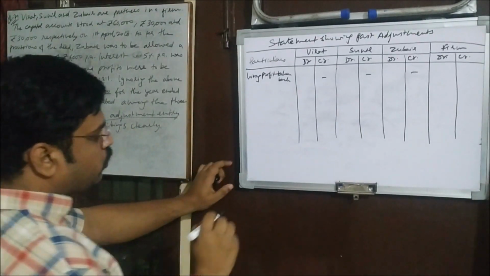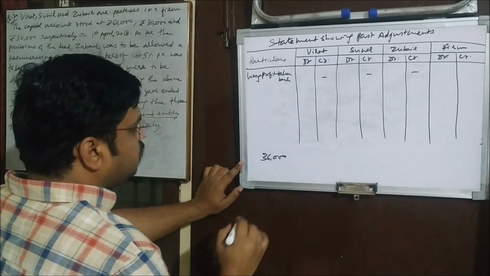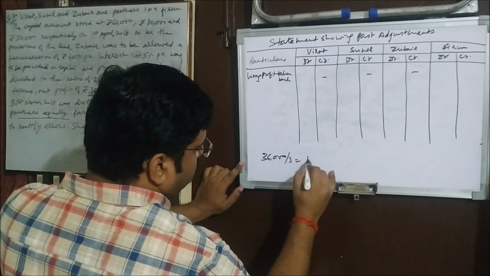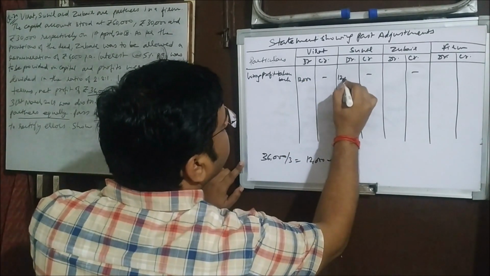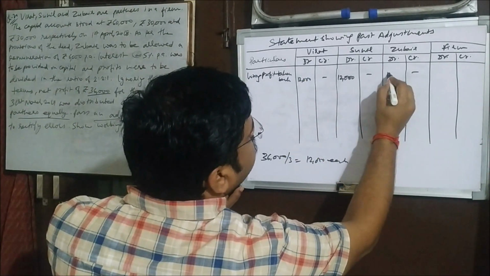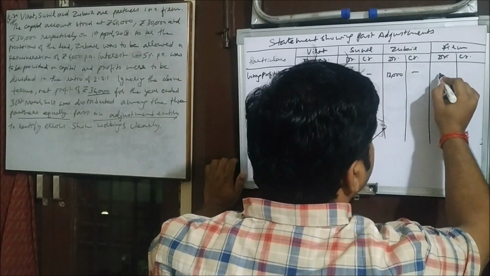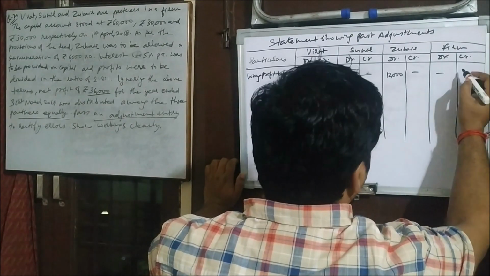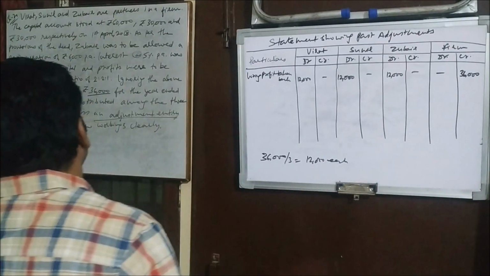So very first we need to calculate that 36,000 has been distributed equally, means 12,000 each, so that 12,000 will be debited first, and in the firm's account it will again be present, so it will be credited here. So that is 36,000. All right, now let's move on.